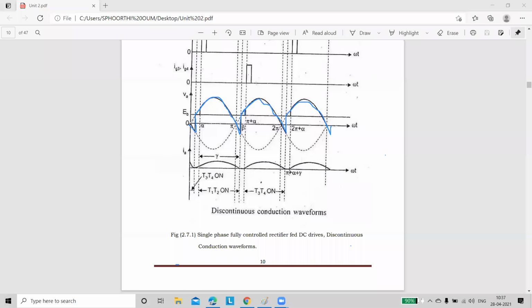That means the extinction angle is the border for us. Whenever your firing angle is more than the extinction angle, you will get the discontinuous waveform. Whenever your firing angle is less than the extinction angle, you are getting a continuous waveform. Is it right? Now is it clear to you or not?